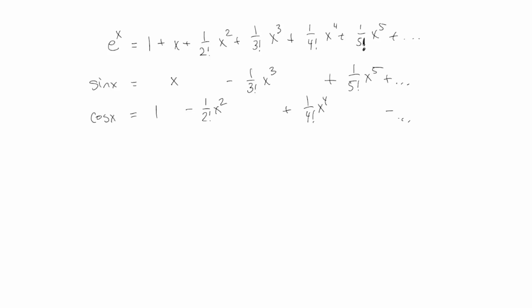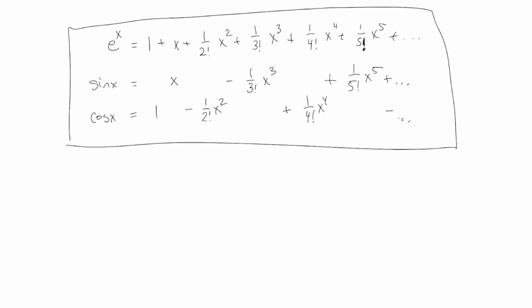These are actually the Maclaurin series for e to the x, sine x, and cosine x. Maclaurin just means it's the Taylor series centered about 0. I said you should memorize these last time, although to be honest, that's probably not necessary. I said that because of the part that we skipped, number 24 on the big list.